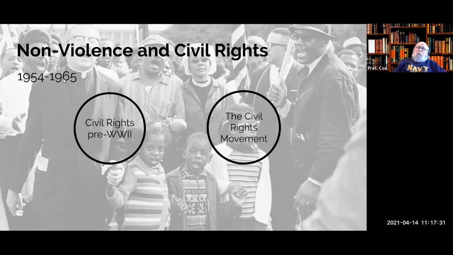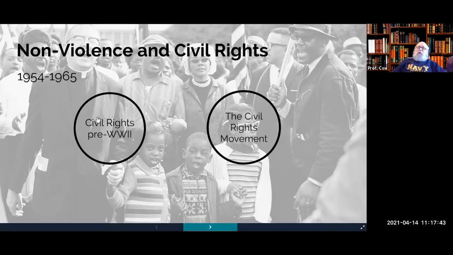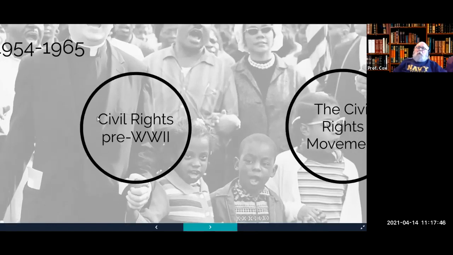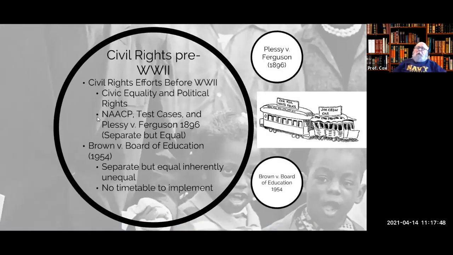But actually, a movement towards civil rights has really always been part of American culture, particularly after Reconstruction, when Jim Crow laws start to be established. There's going to be a movement to try to bring about equality and to restore the rights of people who are disenfranchised.